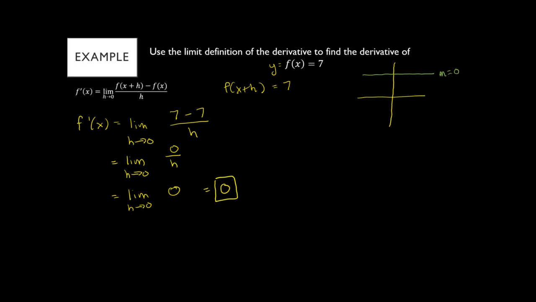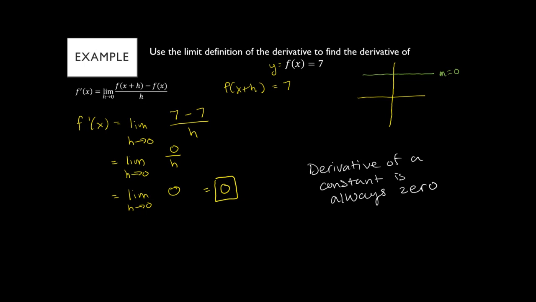So what you learn from here is that the slope, or I shouldn't say slope because we're talking about derivatives now, the derivative of a constant is always 0. And so if you have a function and it's constant, the derivative, which is how much it's changing, is 0 because it's not changing at all.